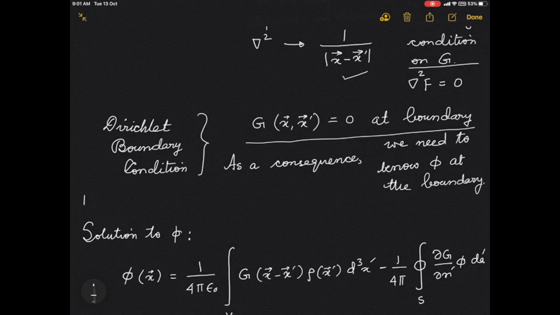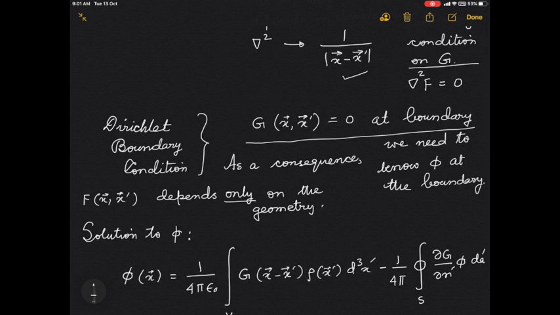So F depends only on the shape of the boundary, or should I write geometry of the boundary?